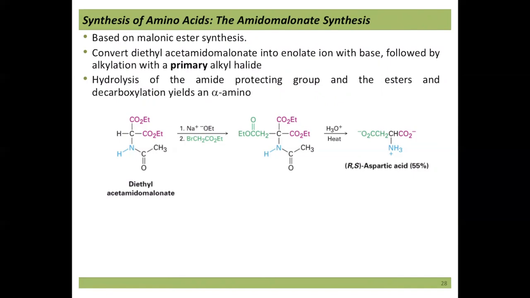This is actually more recent chemistry that we learned a lot about in the enolate chapter. If you take this diethyl acetamidomalonate right here, this is very similar to the malonic ester that we saw before. And malonic esters were used to undergo a transformation where you made a carboxylic acid and then you had some R group off of here.